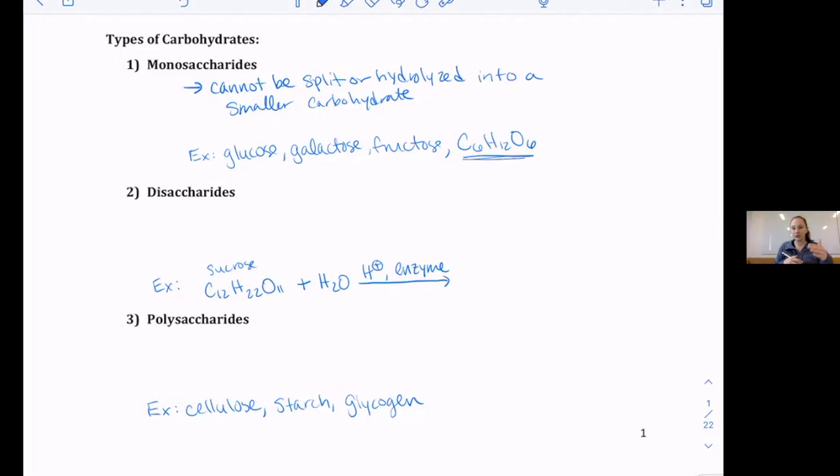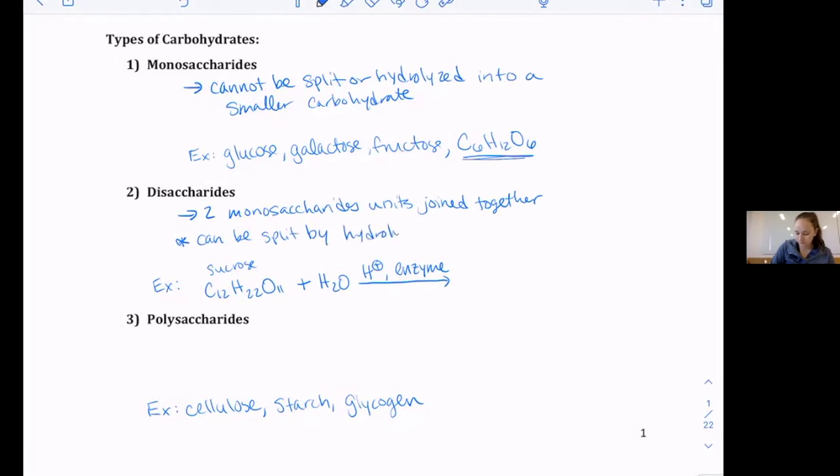We also have disaccharides. Mono meaning one, di meaning two, so this means that there are two monosaccharide units joined together. These can be split by hydrolysis into two different monosaccharide units.